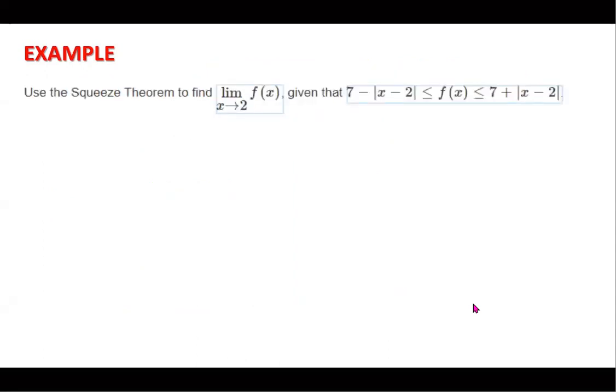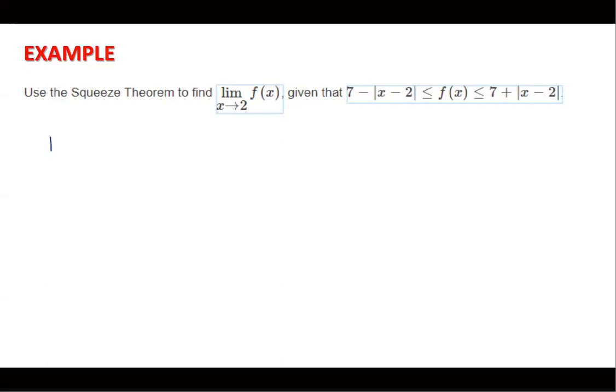10th example here. And this is the use of the squeeze theorem, a special type of theorem to find the limit. So you can see that we are asked to find the limit as x approaches 2 of that function, where that function is squeezed between two other functions.